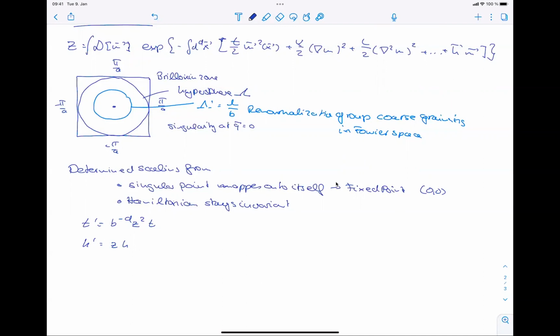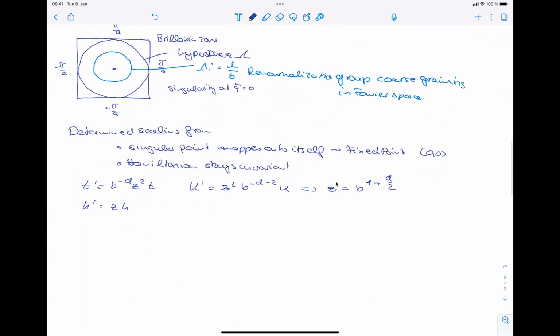And then from the invariance, the Hamiltonian needing to stay constant, the coupling looked like z squared b to the minus d minus 2 K. And from this condition, we find that z, the rescaling of the magnetization in this case, needs to be b to the plus d over 2.